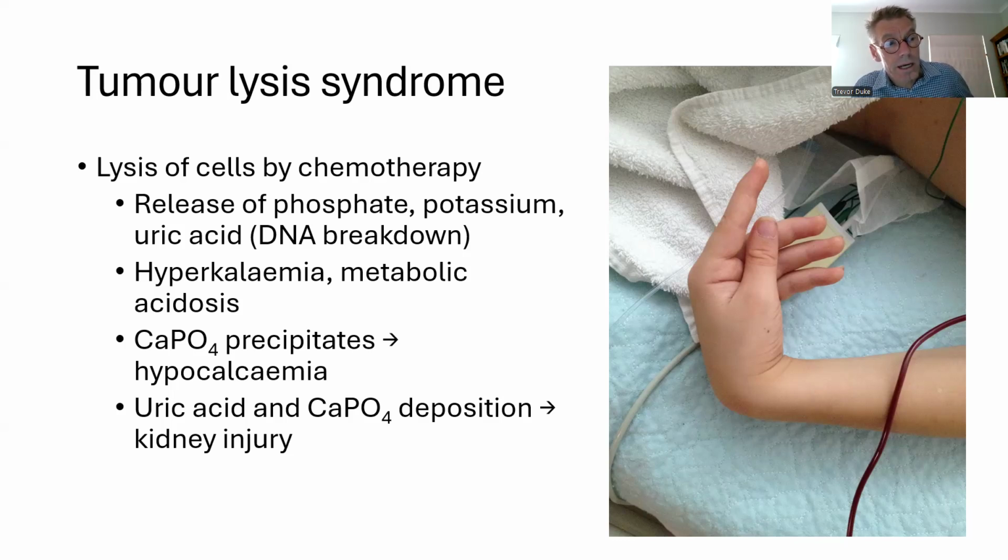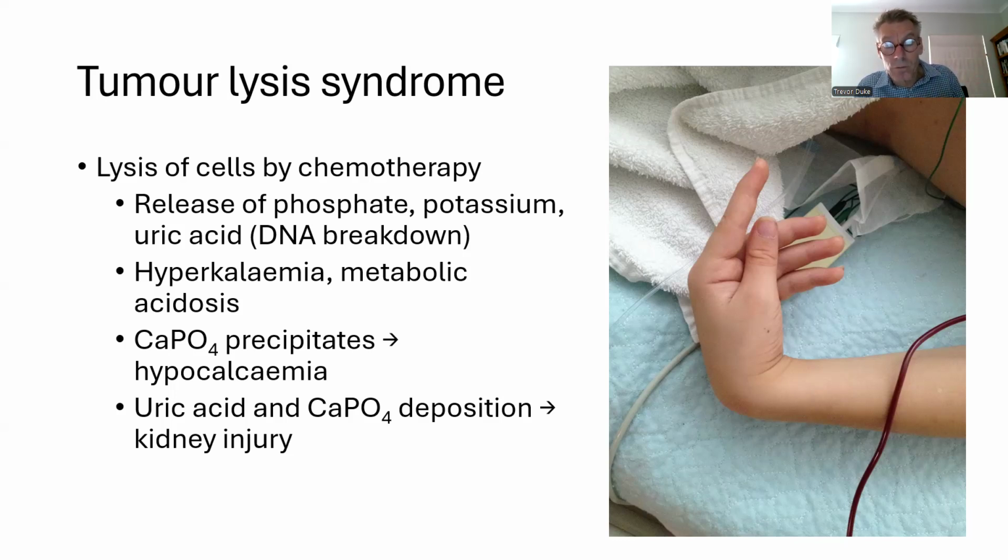And what then happens is that there's a release of all the chemicals that are inside the cells, and they increase. Cells are rich in phosphate and potassium, and they've got lots of DNA inside the nucleus of the cell.